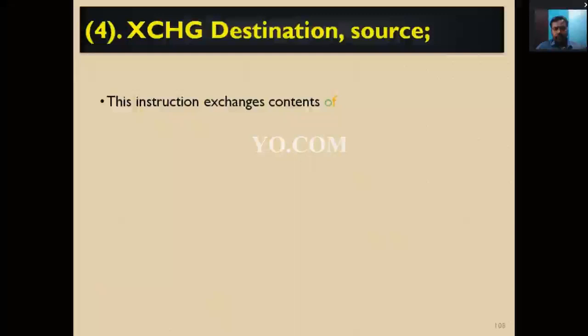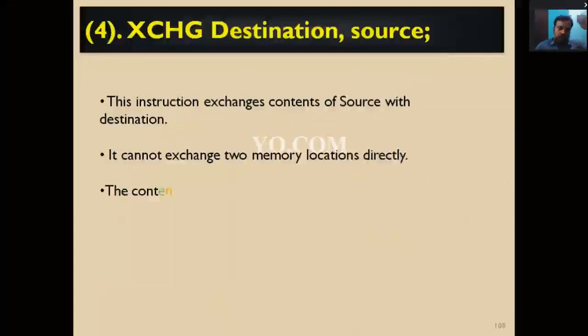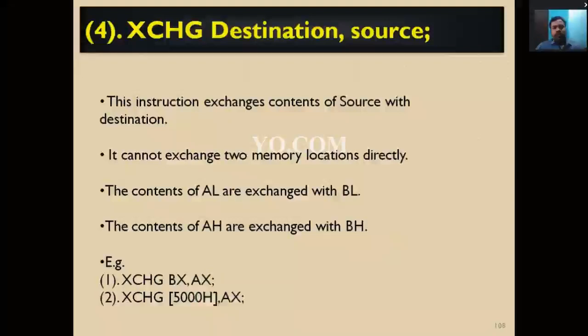Next one is the exchange instruction. It exchanges the destination and source. This instruction exchanges the data between source and destination: the source data is moved to the destination and the destination data is moved to the source. In order to do an exchange in a C program, we use one temporary storage.